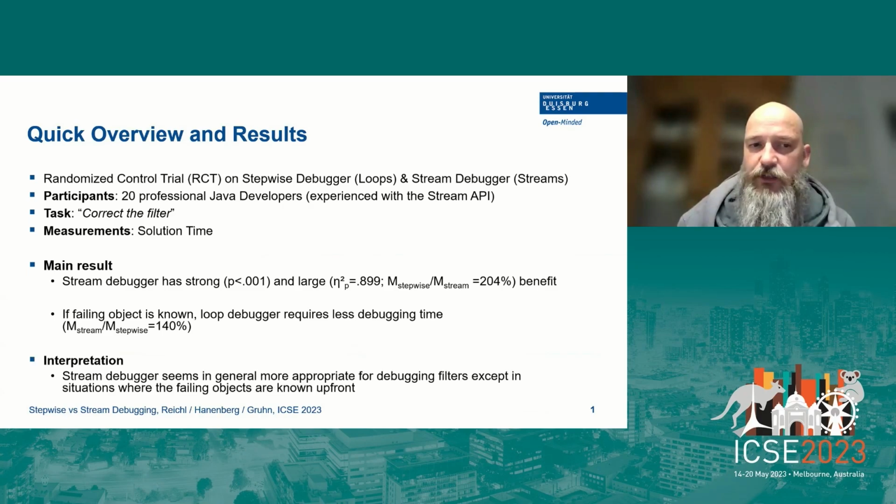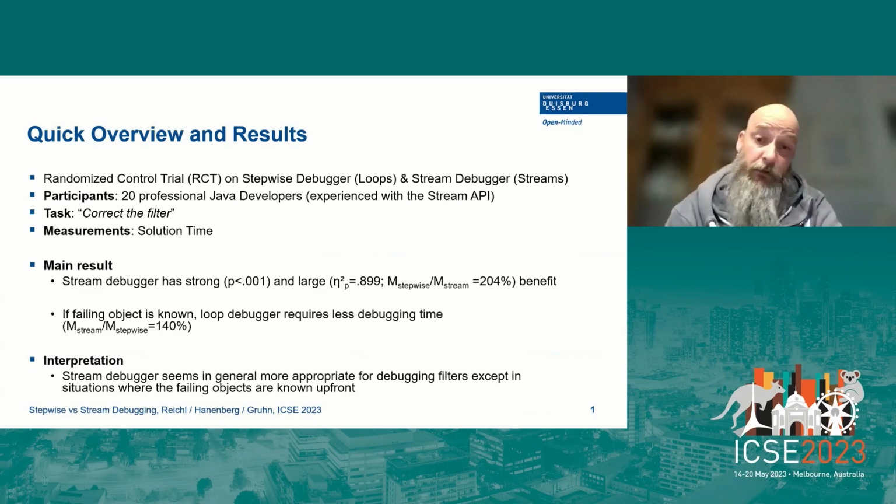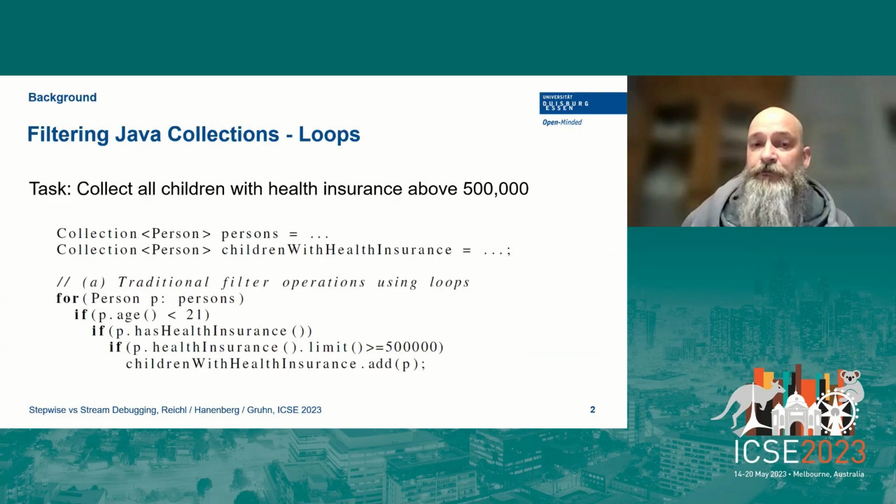So what is the overall interpretation? Stream debuggers seem to be appropriate in general for debugging filters, except in situations where the failing objects are known upfront. Let's take a look at what we are currently speaking about. This is an example of a filter operation using loops.